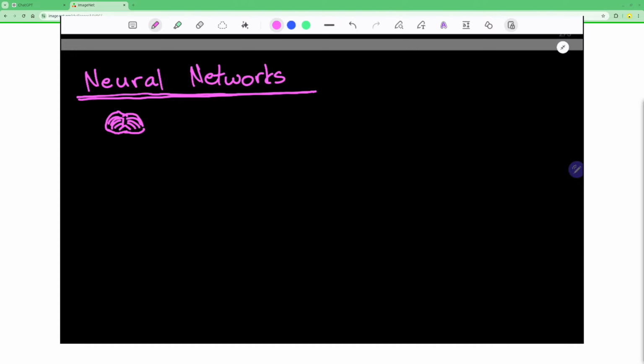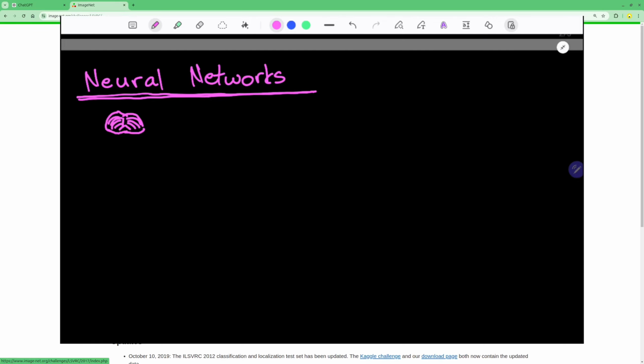The ImageNet large scale visual recognition challenge evaluates algorithms for object detection and image classification at large scale. One high level motivation is to allow research.